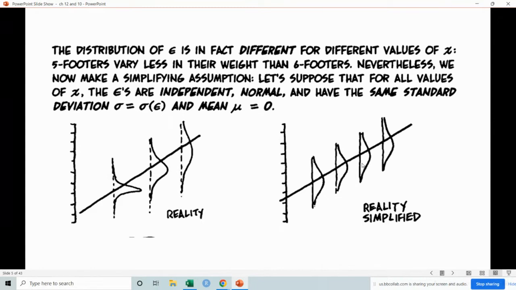But nevertheless, we now make simplifying assumptions. Let's suppose that for all values of x, the errors are independent, normal, and have the same standard deviation. Basically, that gets shortened down into something called IID, independent, identically distributed. It's kind of one of the assumptions that allow us to do linear regression.